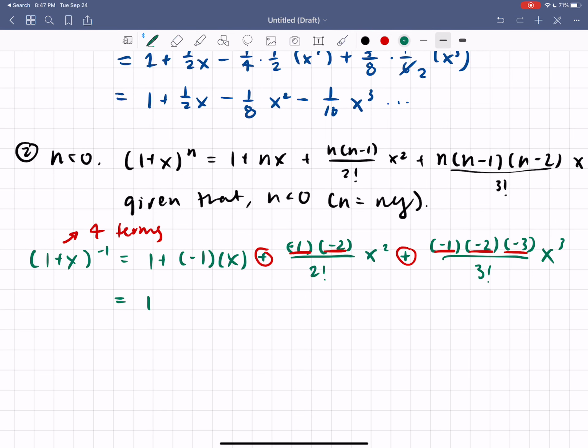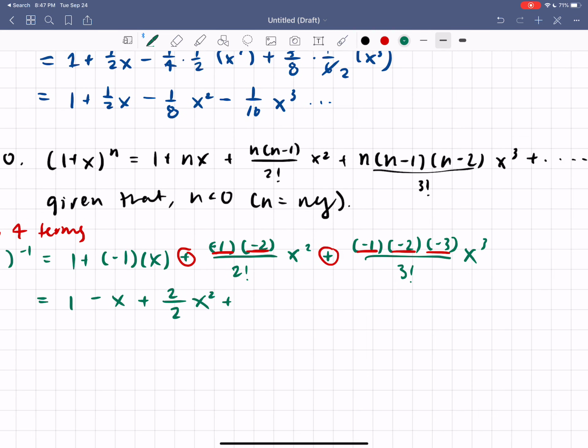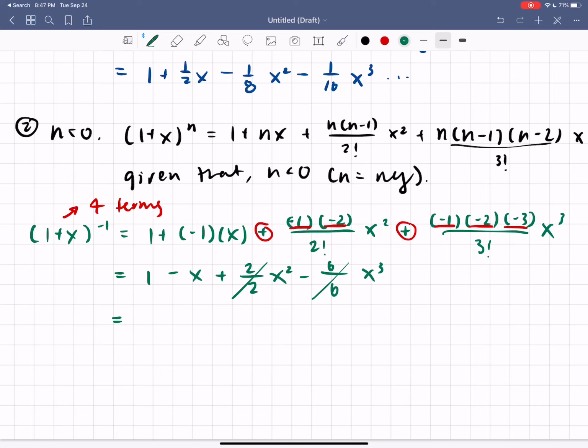It would be 1 minus x plus negative 1 times negative 2 is 2, given that 2 factorial is also 2, x squared, plus negative 1 times negative 2 is 2, times negative 3 is negative 6, given that 3 factorial is also 6, x cubed. And these cancel out. So simply our first 4 terms would be 1 minus x plus x squared minus x cubed.